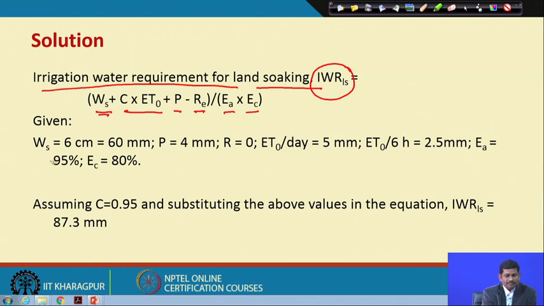What is given? WS is given 6 centimeter, so convert that into 60 mm.